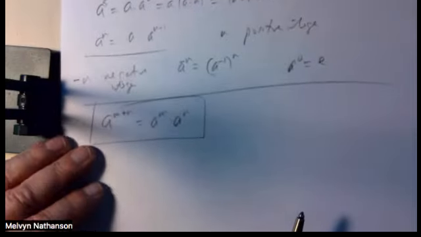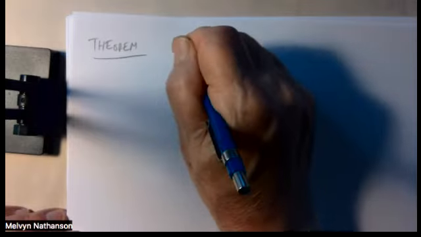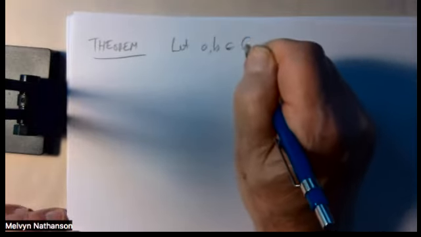All right. So let's prove some elementary theorems about groups. Let A, B be elements of a group.